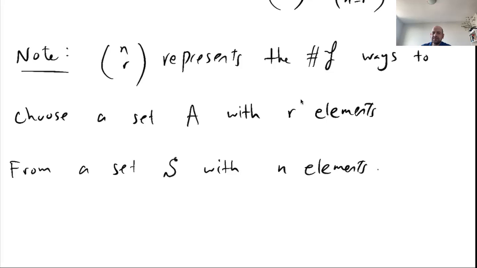So for example, let's say in our class we have 15 students and I want to choose a group of 2 people to act as TA. Of course, one way is that I can tell you which students I'm going to choose as TA. So let's say we have student 1, 2, 3, all the way to 15. Let's say I want to choose, for example, student 1 and 2.